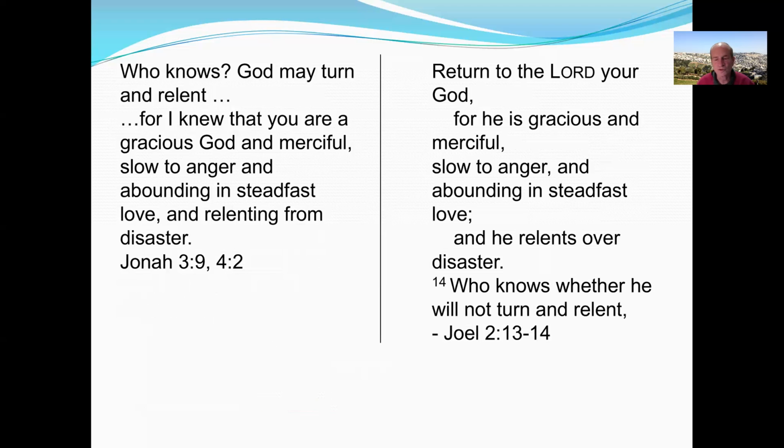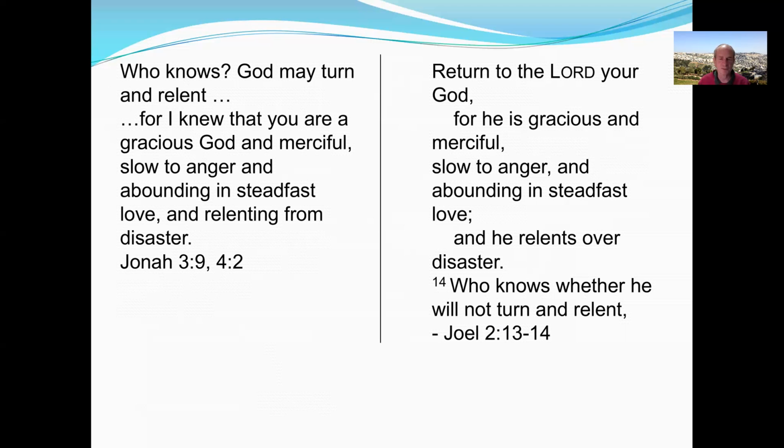Now, Joel 2:13-14 says, "Return to the Lord your God, for he is gracious and merciful, slow to anger, and abounding in steadfast love, and he relents over disaster. Who knows whether he will not turn and relent?" Well, we have to be careful because the phrase about God being gracious and merciful, slow to anger, and abounding in steadfast love is kind of a stock phrase, which is used in a lot of different books in the Bible. You can't use that to necessarily prove anything.